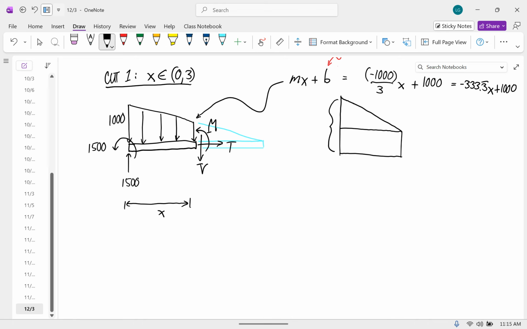So this is 1,000. And the height over here is negative 333.3 repeating times x plus 1,000. Is that the height of the bottom rectangle? Yeah, right.